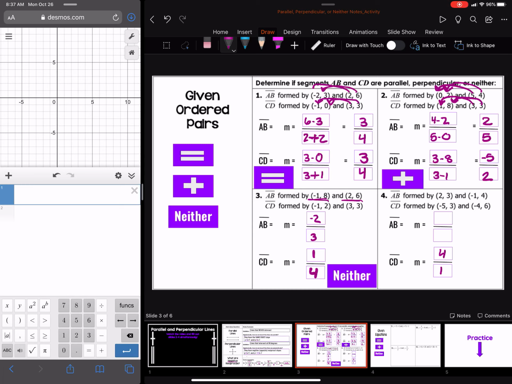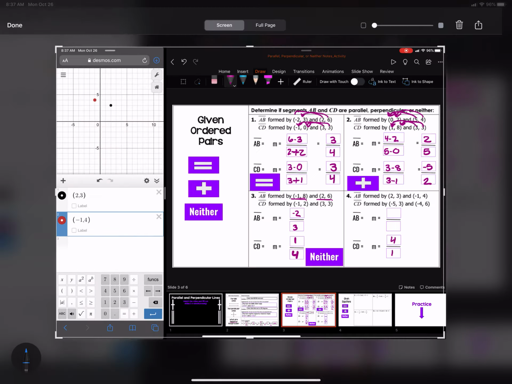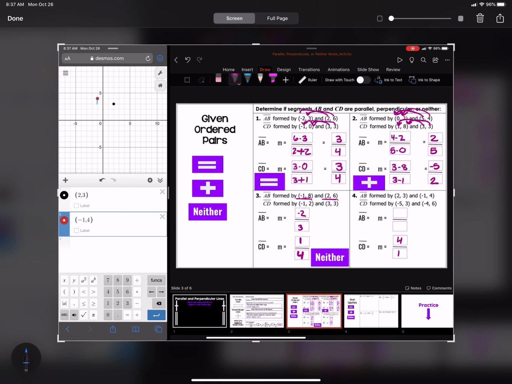So it would be 2, 3, and negative 1, 4. And so I think this one says, so this one's down 1 over 1, 2, 3. Yeah. So negative 1/3.